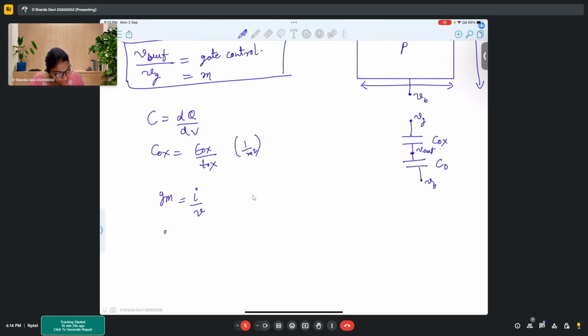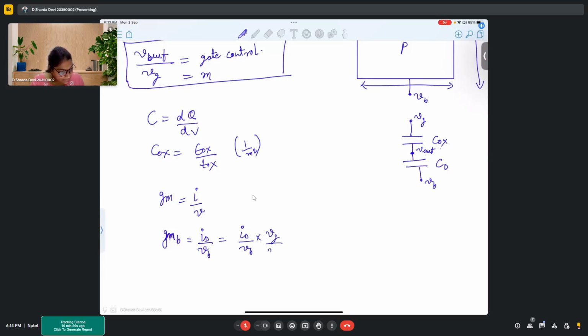Let's say I want to find GMB. GMB basically means it's the conductance because of body voltage. So here it will be change in ID with body voltage VB, ID upon VB.